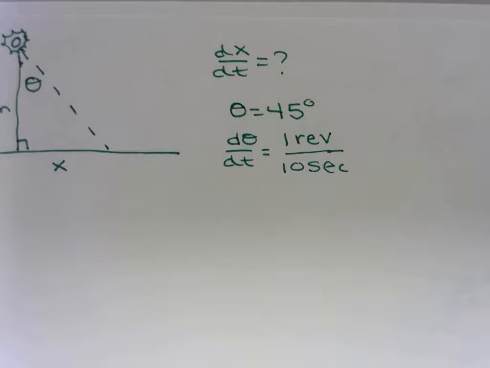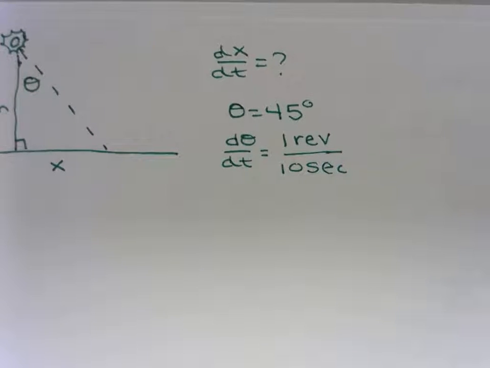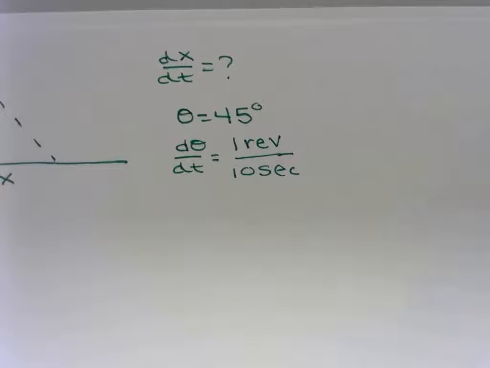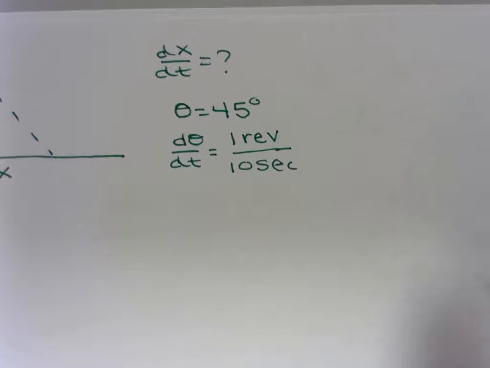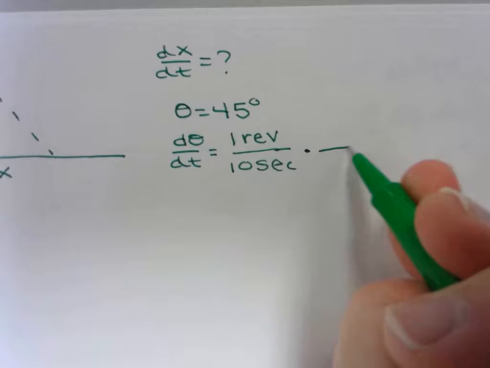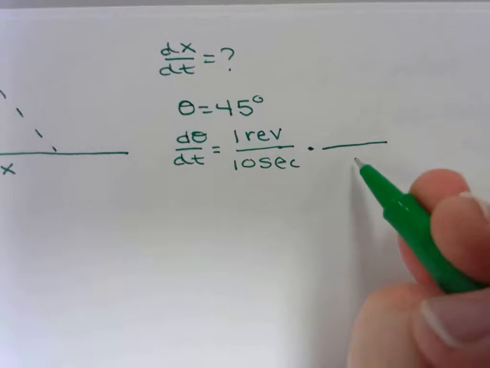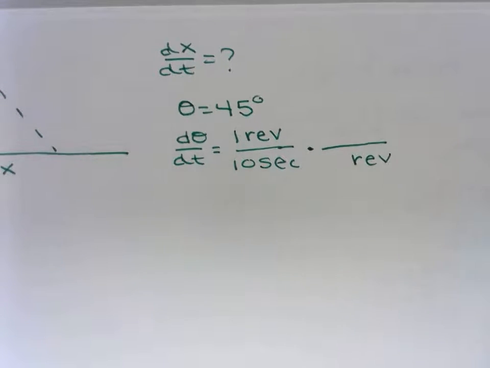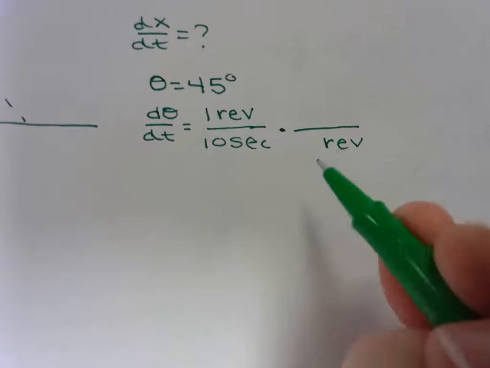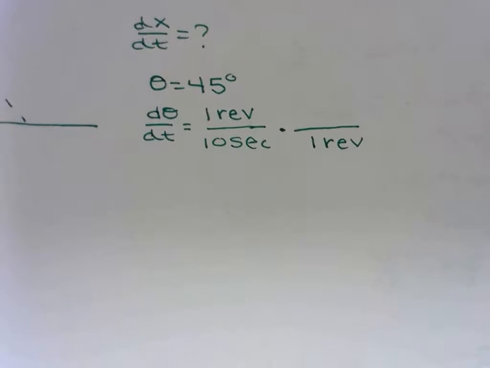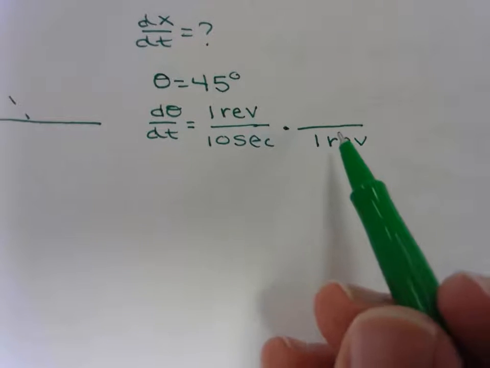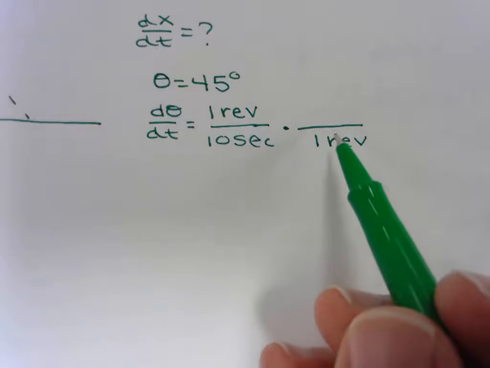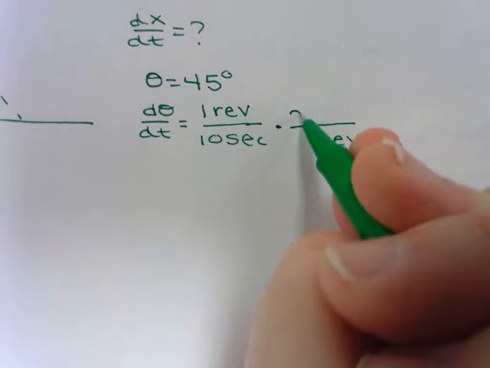I want it in radians per second, because we always want to deal with theta in radians per second. So I need to get rid of revolutions. I'm going to put revolutions on the bottom. I want to get to radians on top and seconds on the bottom. How many radians are in one revolution? 2 pi. So 2 pi radians.